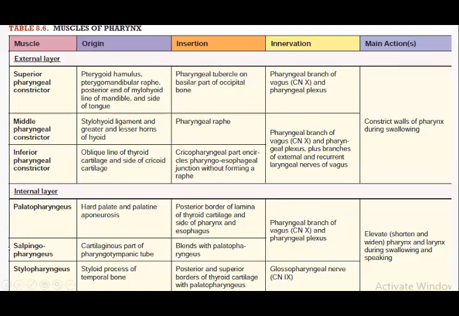और जो inferior constrictor है ये oblique line of the thyroid cartilage से rise करता है and side to the cricoid cartilage जो भी हमने देखा था, and helps in the formation of the raphe. अब ये जो दोनों muscles हैं ये pharyngeal branch of the vagus से भी होते हैं, प्लस वेगस की जो nerve है external laryngeal and recurrent laryngeal nerve, उससे भी इसको contribution तो आती है. ये चीज please remember all this as it is.